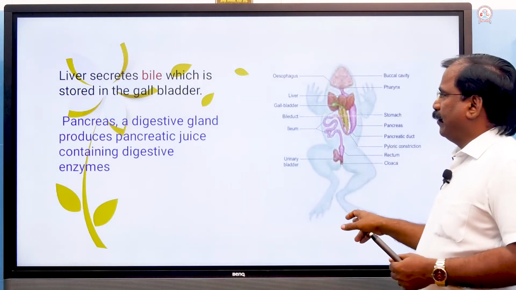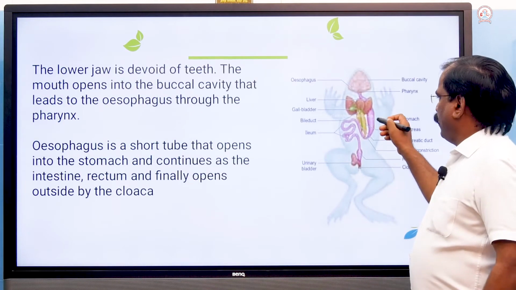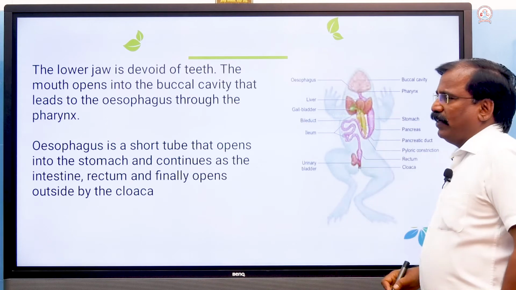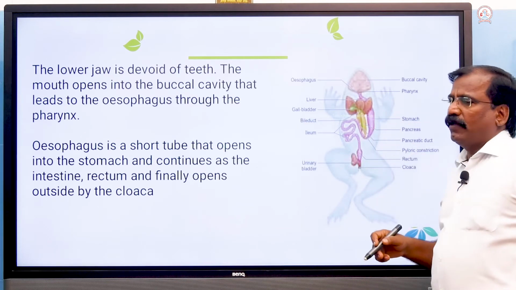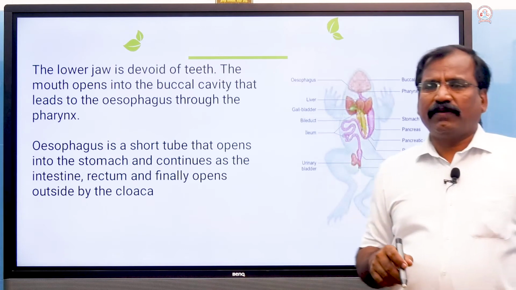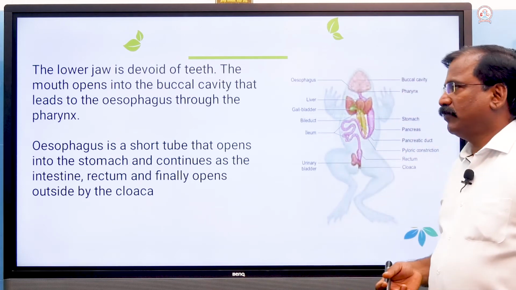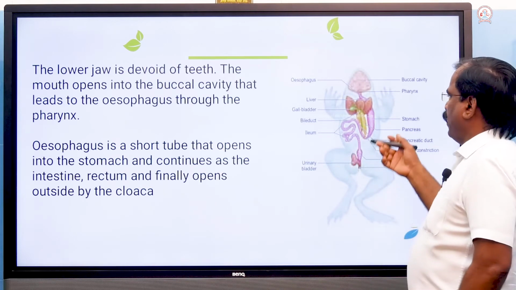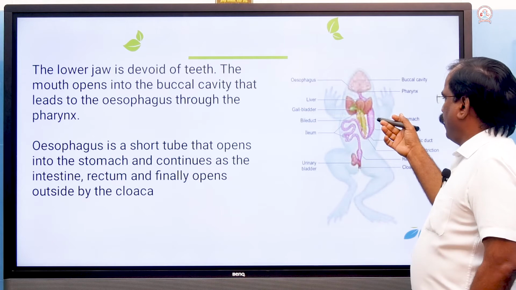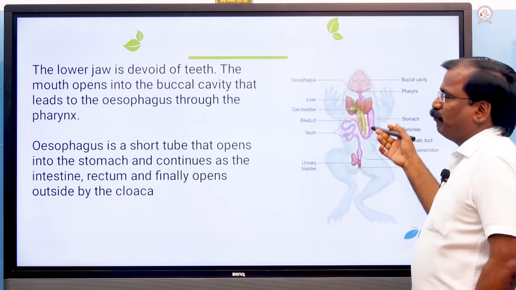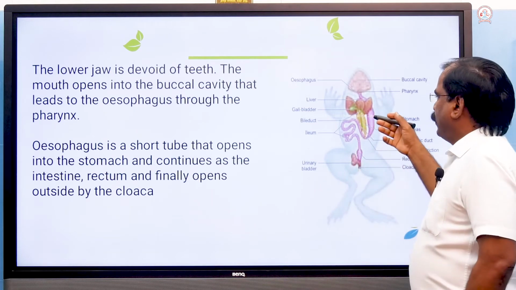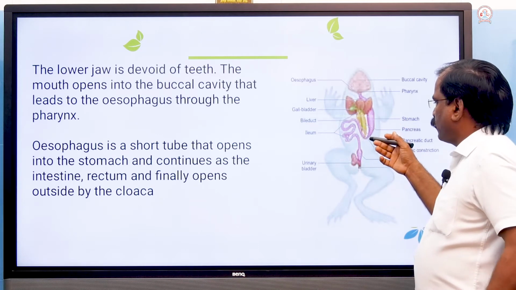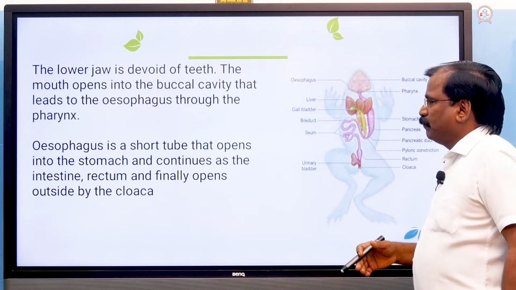After the food reaches the stomach, the walls of the stomach contain enzymes and secrete HCl. The food is partly digested, and the partly digested food is called chyme. That chyme is then passed into the small intestine.